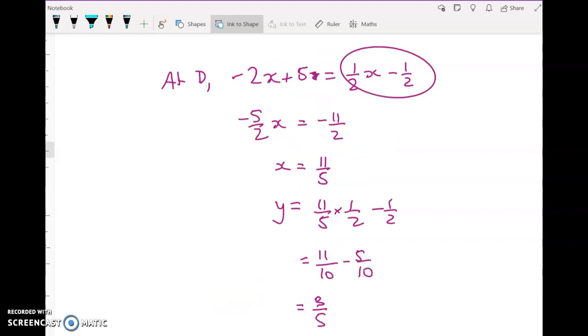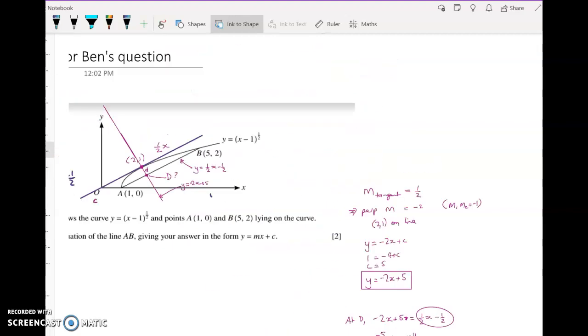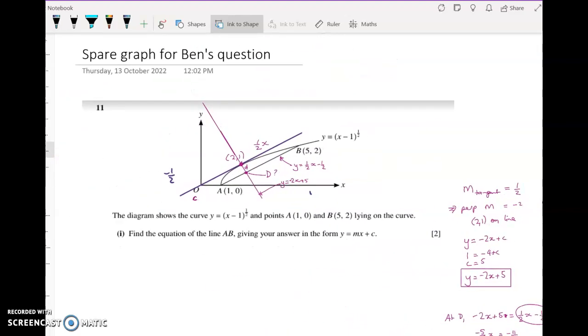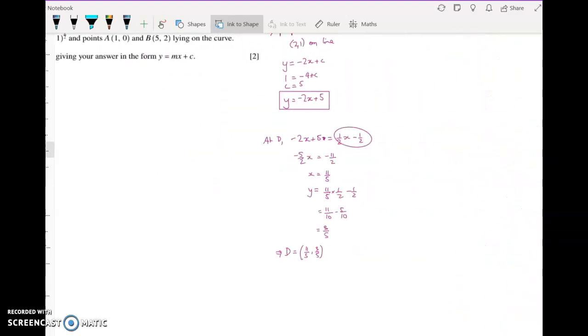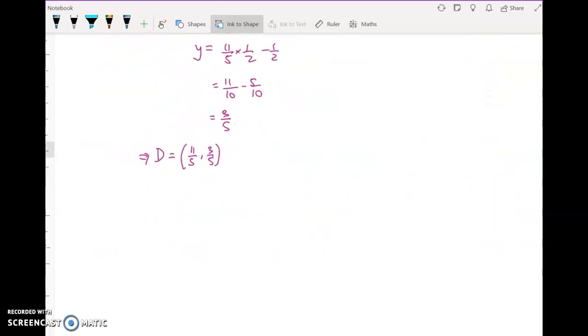And we need to find the distance between D and 2, 1, right? So we've got that coordinate there now, and we've got this. So the distance between the two curves will be the distance between these 2 points.